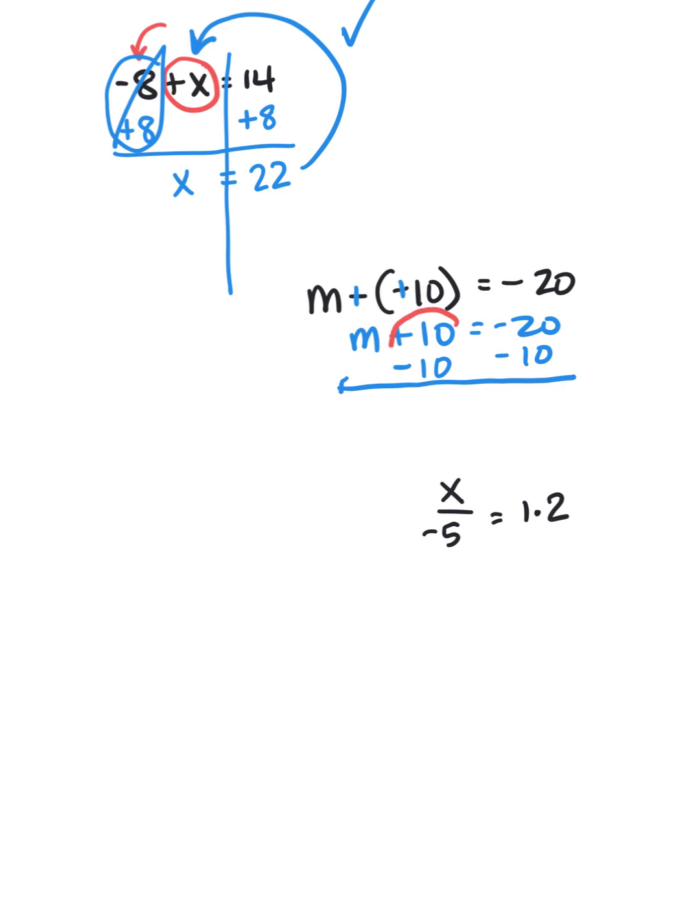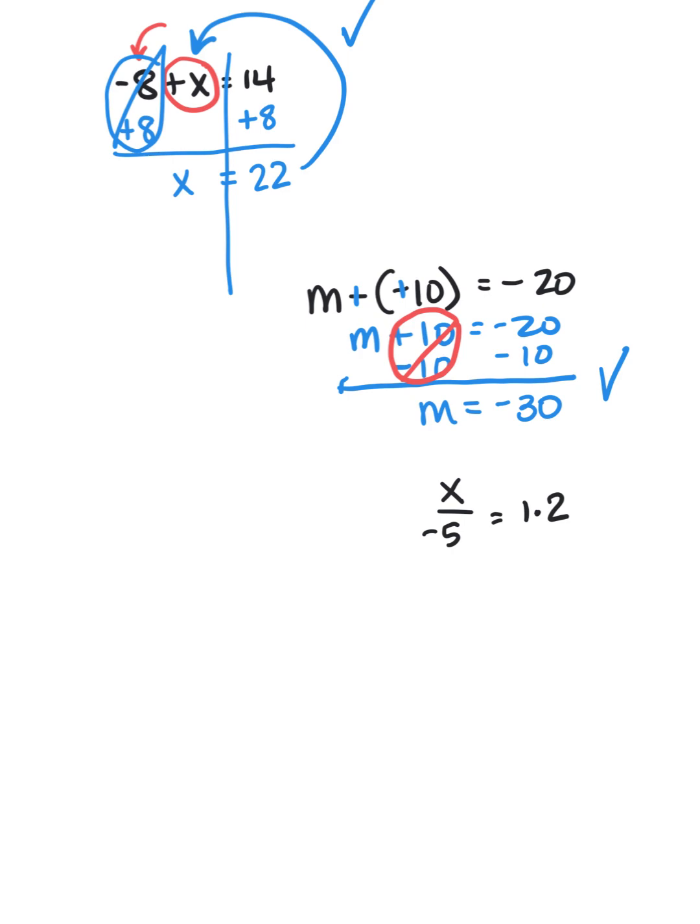Here's our 0. We're left with m. And negative 20 plus negative 10 is negative 30. And there's your answer. Now if we were to substitute it back, negative 30 plus 10 is negative 20.